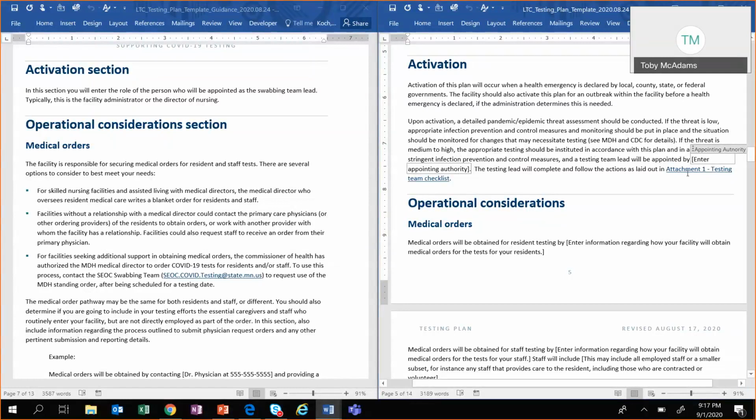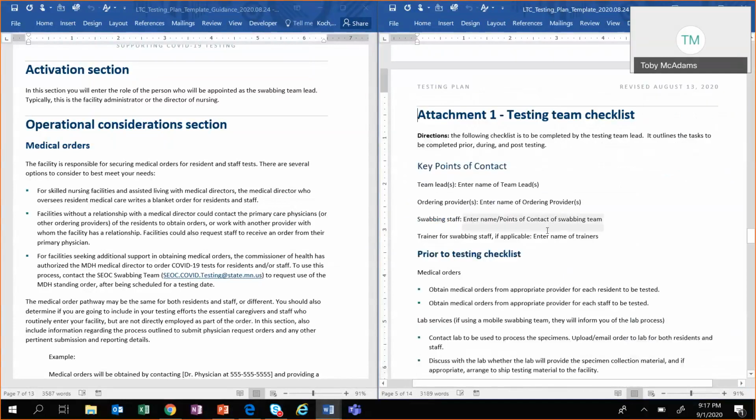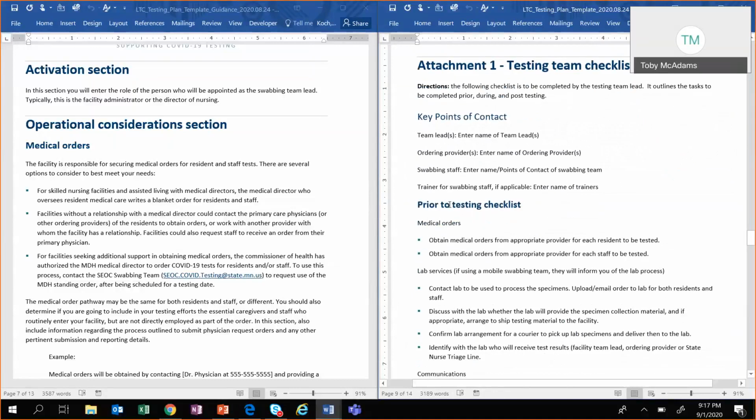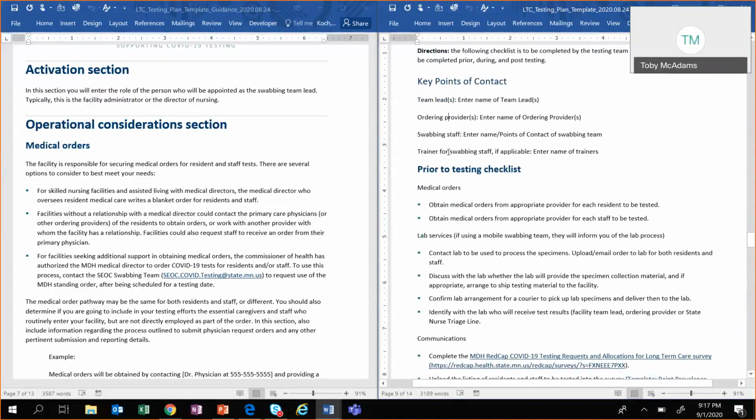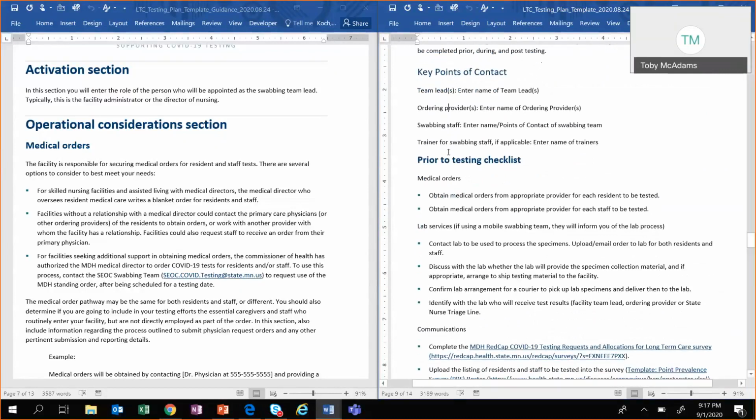And that is where you can then go to our attachment, which is attachment 1, and hand this over and tell the testing team lead, here's a starting point. So if I'm appointed, I would go ahead and put my name here, and I would just start to look at this and think about what is the scope of information that I'm going to be responsible for implementing this plan.